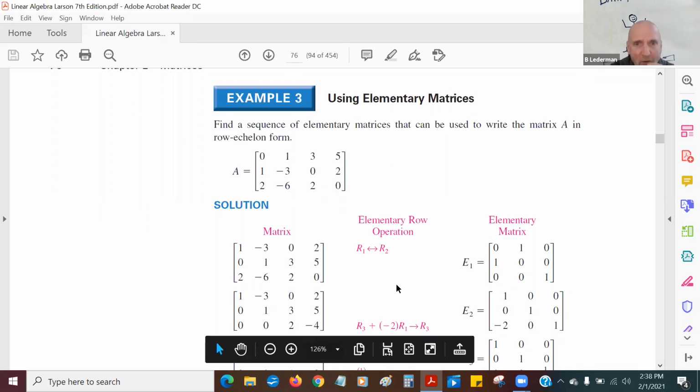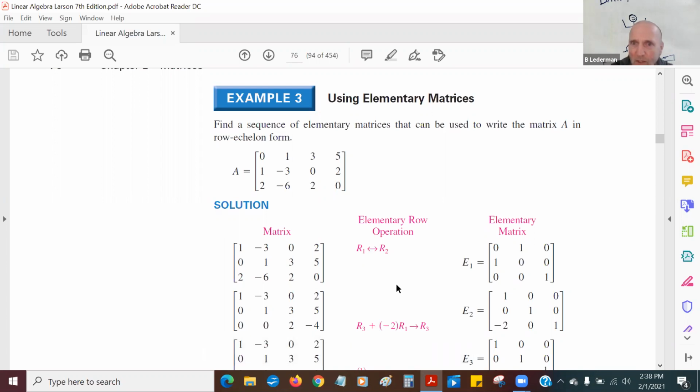Well, we just learned that all of these operations can be expressed in terms of elementary matrices. So what we want to do now is look at what it would take to get this matrix into row echelon form, and instead of expressing it this way, see how I would express it this way.